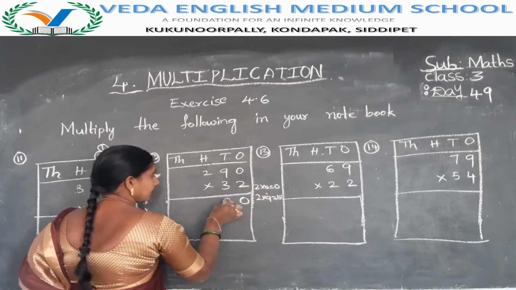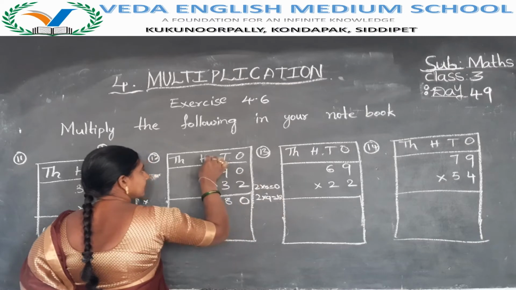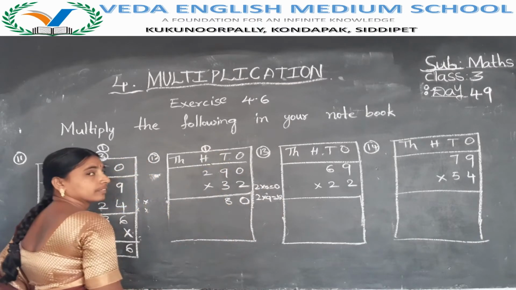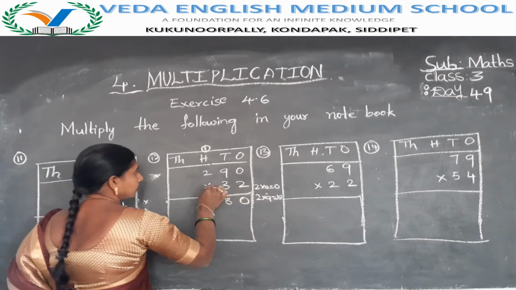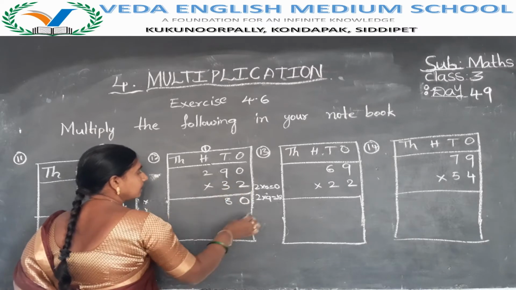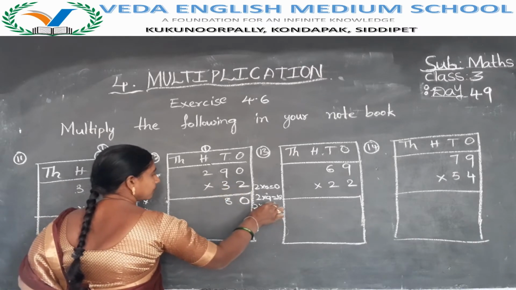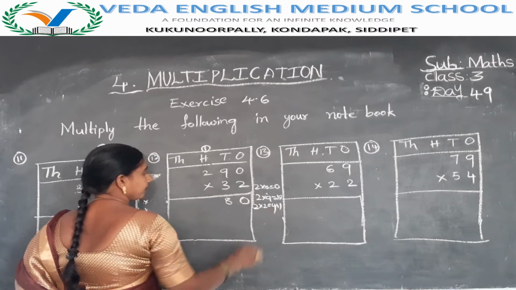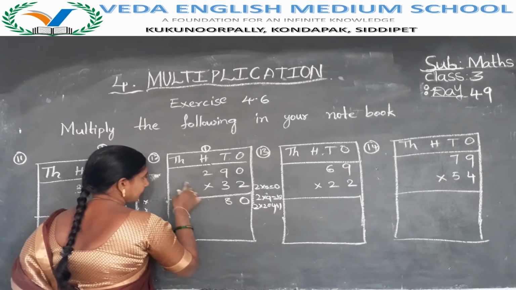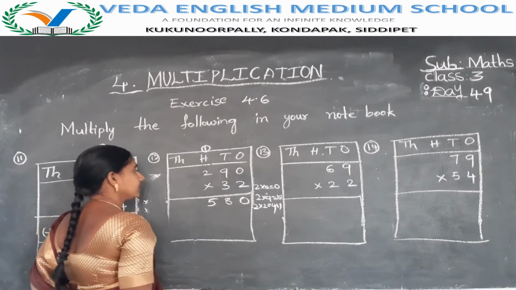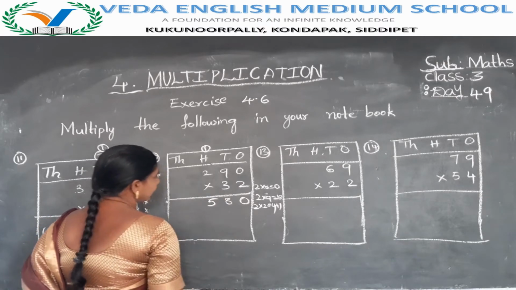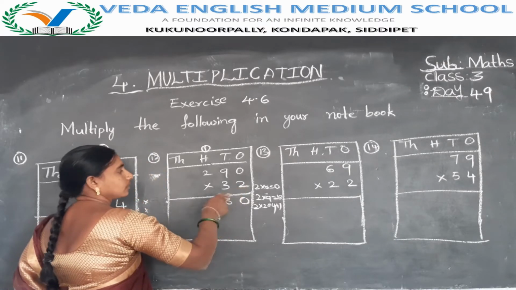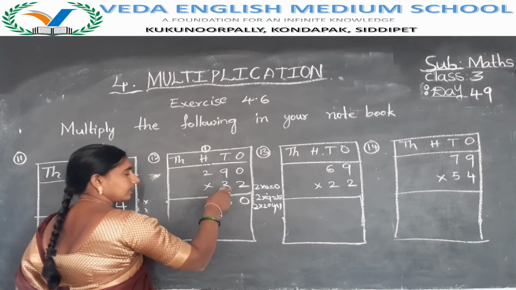So write 8 and carry 1 to the hundreds place. Next, 2 into 2. 2 twos are 4. But there is a carry: 4 plus 1 is 5. This digit is over.